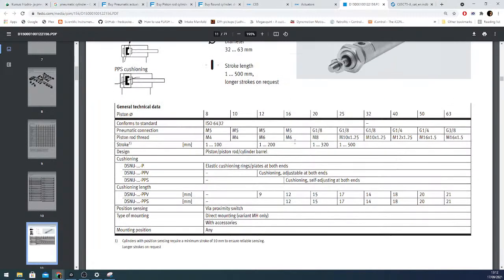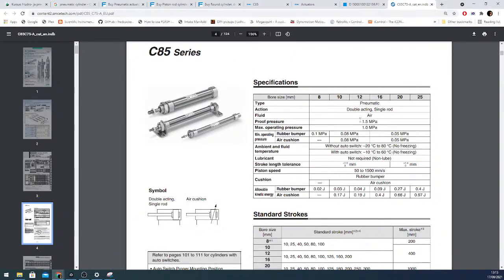I'm not sure if we saw these values somewhere in the Festo catalog too, or whether they are provided somewhere. But here, for example, in the SMC catalog, we have two quite important values: maximum operating pressure and proof pressure.